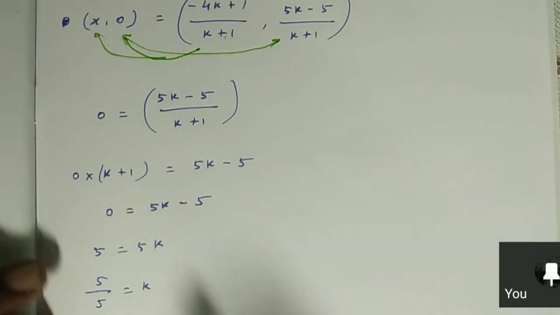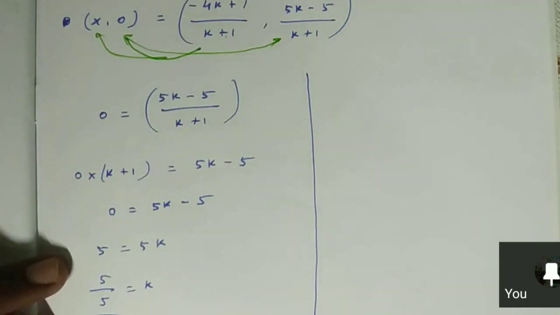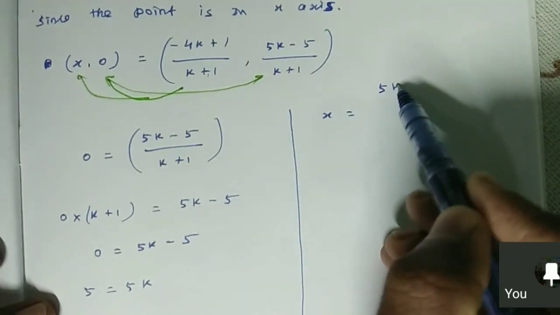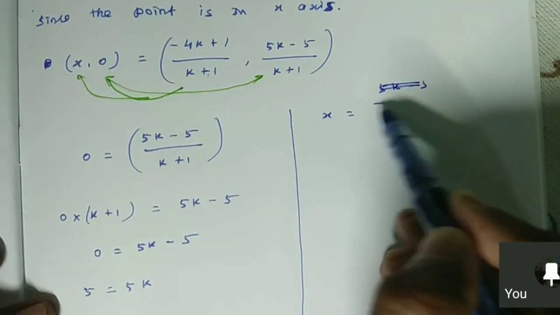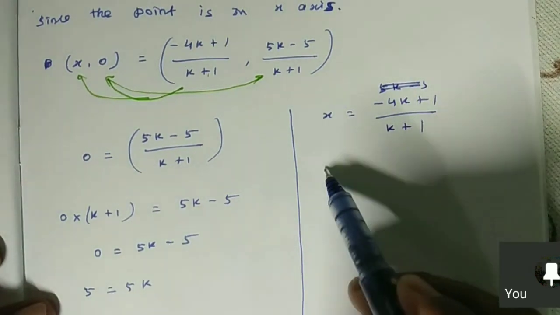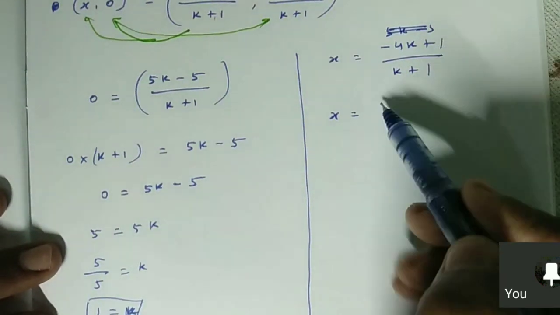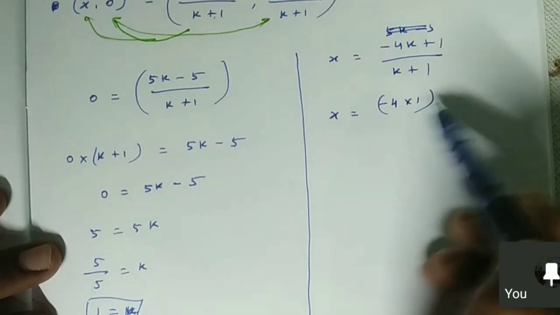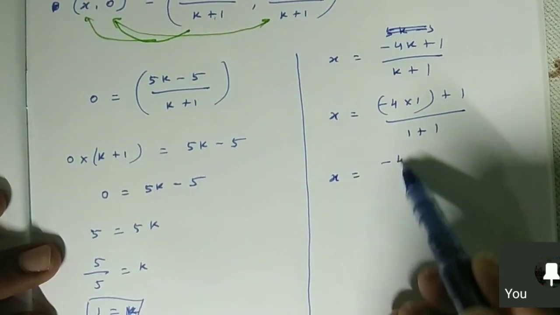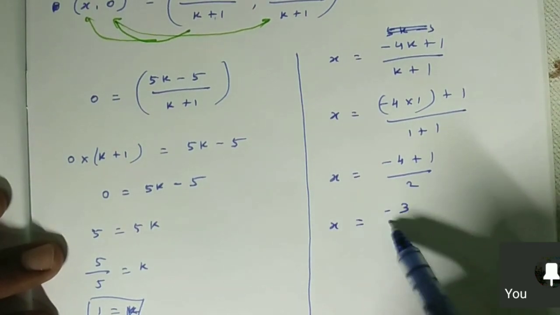Substitute the k value: x equals (-4k + 1) divided by (k + 1). Substituting k equals 1, x equals (-4 into 1 + 1) divided by (1 + 1), so x equals (-4 + 1) by 2, so x equals -3 by 2.